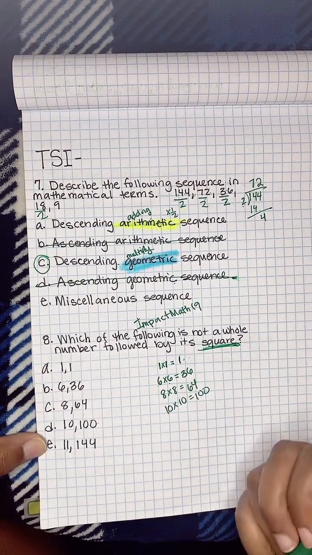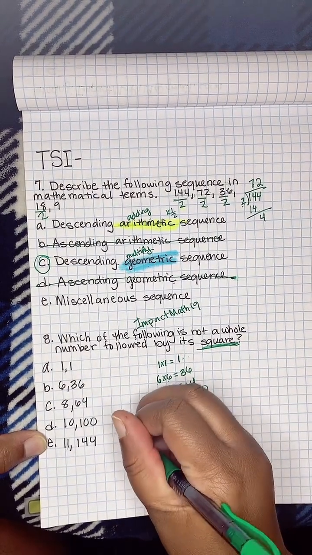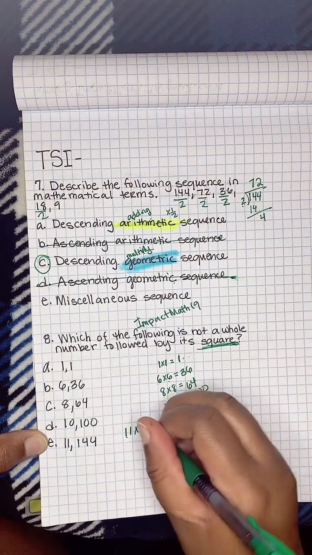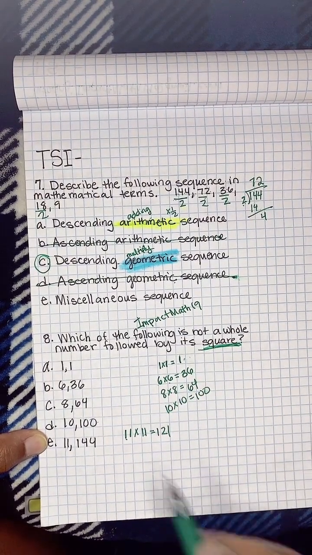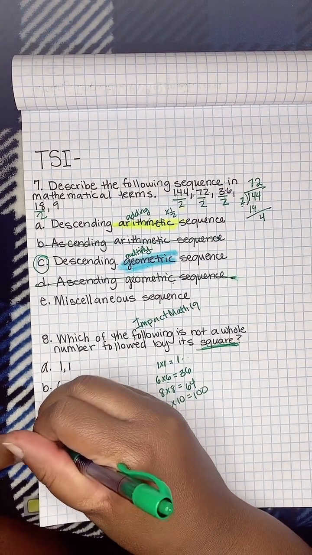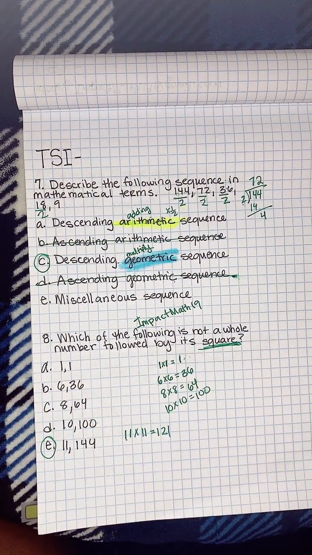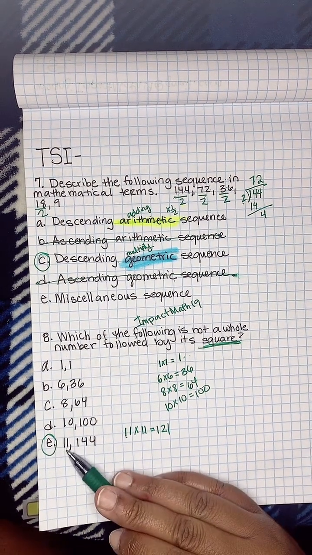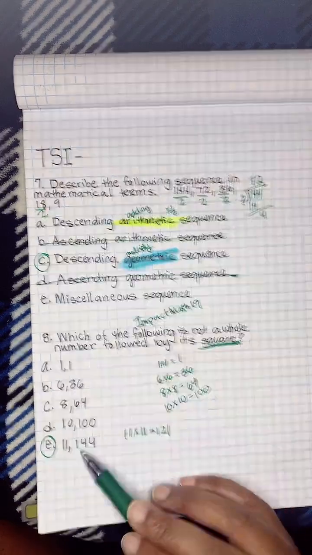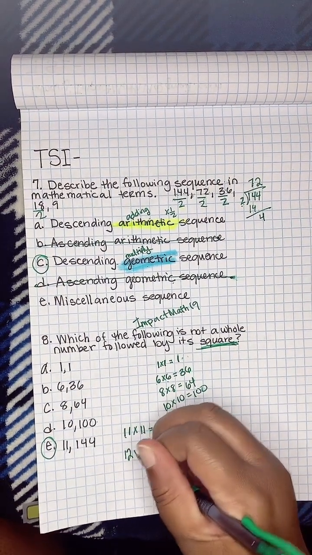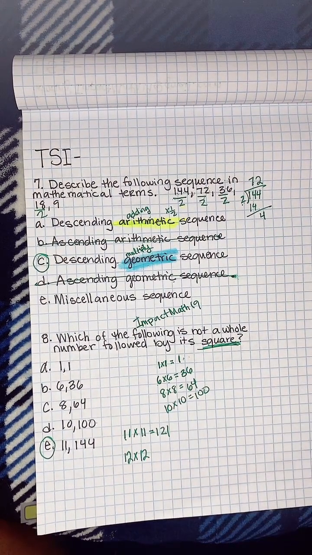But like Tyra said, excellent Tyra, 11 times 11 is 121. It is not 144. So E is our answer. If they had 121 here, then it would be correct. But since they have 144, remember, that's 12 times 12 to get 144.